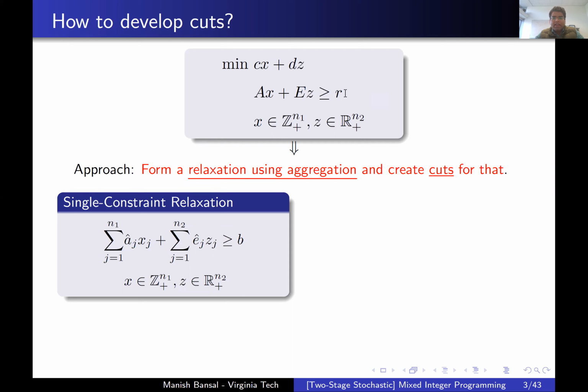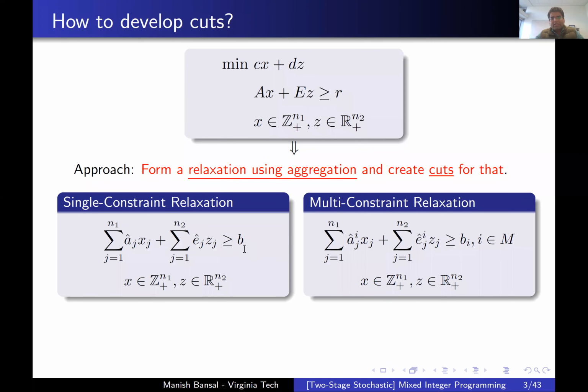One is I aggregate all these constraints into a single constraint and obtain the so-called single constraint relaxation. Or the other is I can pick different subsets of the existing defining constraints and aggregate the constraints in each of those subsets and obtain this multi-constraint relaxation.